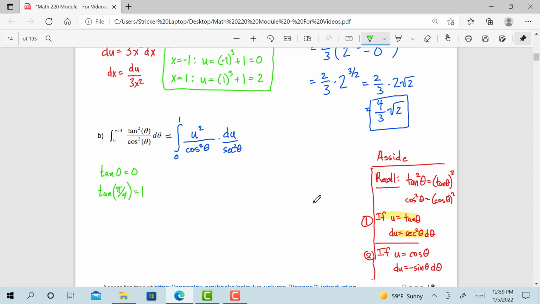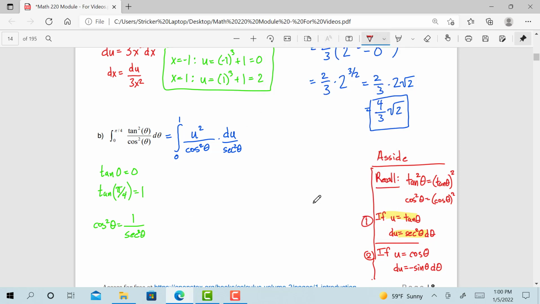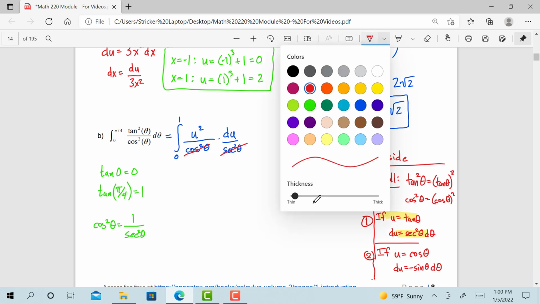And then, like I said, remember, cosine squared theta is equal to 1 over secant squared theta. Those are reciprocals of each other. So when I take a look at the bottom of this integral, cosine squared times secant squared, these are reciprocals, so they cancel each other out. This integral actually simplifies a lot.